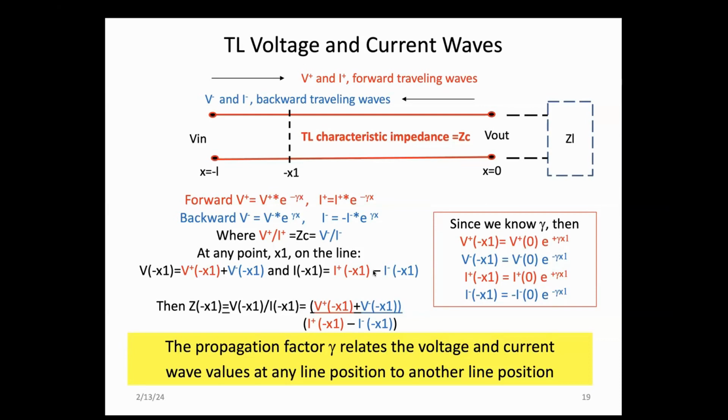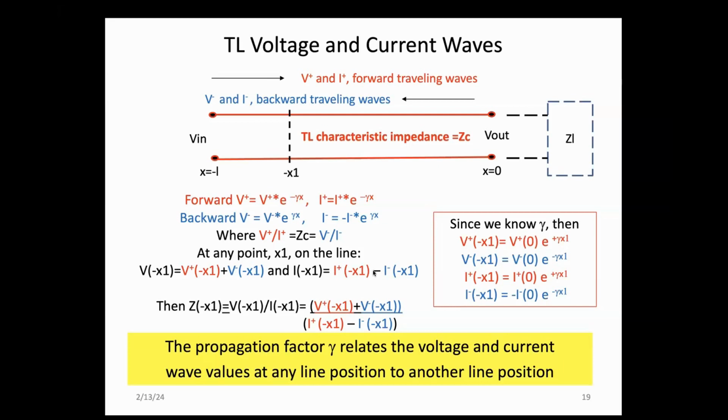The ratio of the forward voltage wave to the forward current wave is equal to the characteristic impedance, as is the ratio of the backward voltage wave to the backward current wave. So at any point, let's say minus x1 on a transmission line, the net voltage at that point is the sum of these two waves, and the same for the current. Since we know gamma, we can relate these voltages at this point to the voltage and current waves at this point.